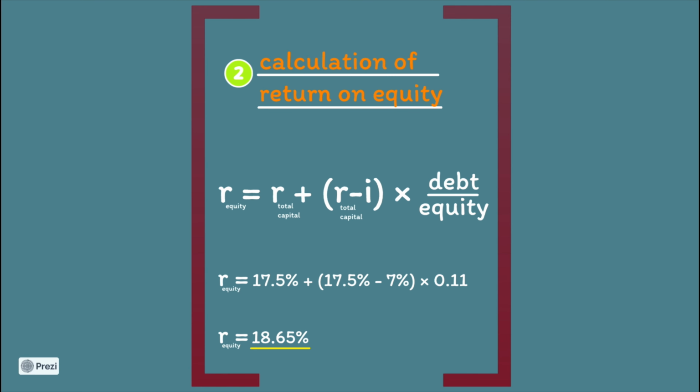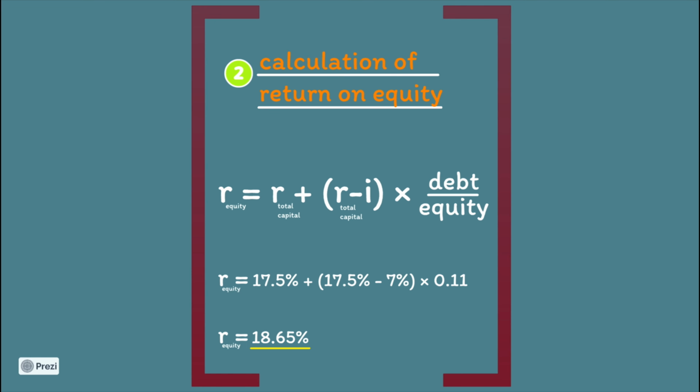Substituting into the formula, return on equity equals 17.5% (calculated return on total capital) plus (17.5% minus 7% cost of debt) times 0.11 (debt ratio, equals $200,000 debt divided by $1.8 million equity). The project's return on equity is therefore 18.65%. This means that the invested equity yields a return of 18.65%.